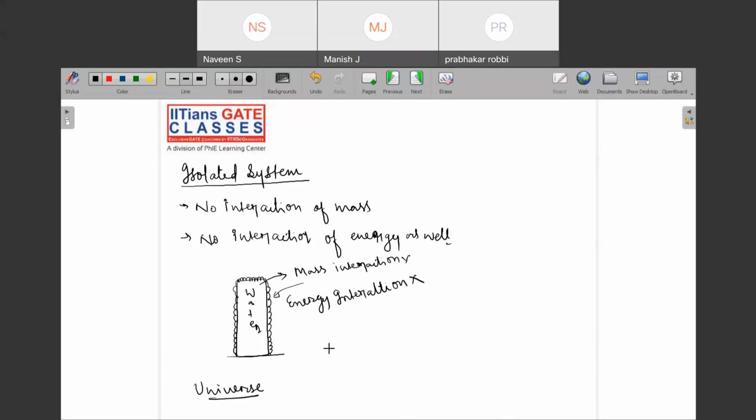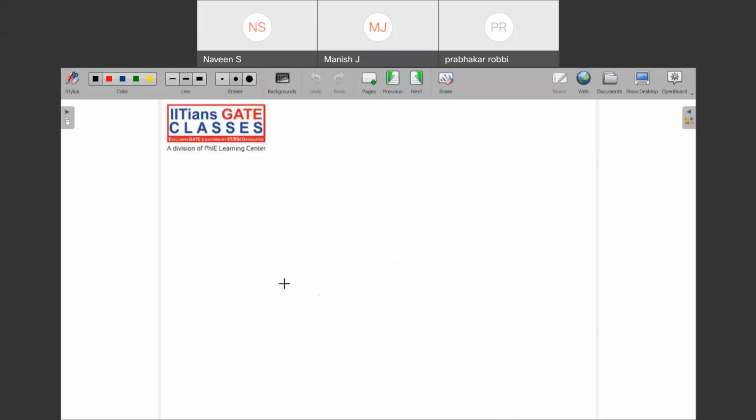Okay, let us move to the next. So once we know these systems, while analyzing any change in the system, what are you particularly focused upon? Changes in property. So let us understand what the properties of the system are.